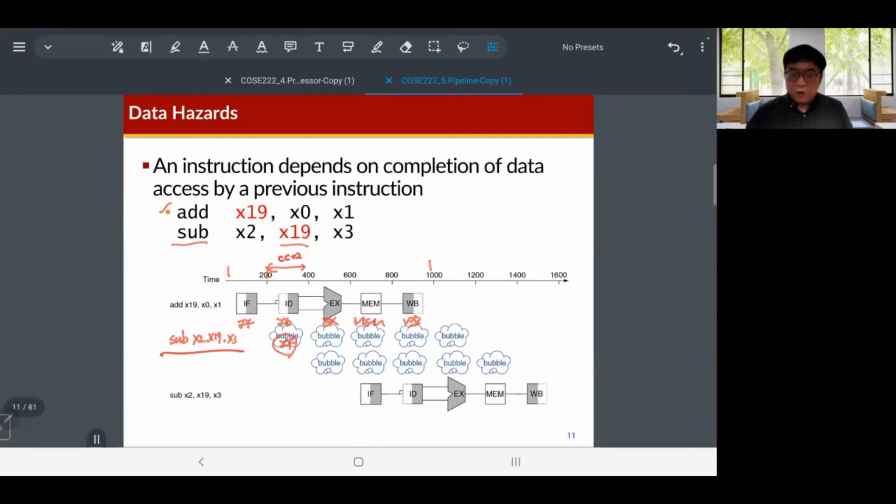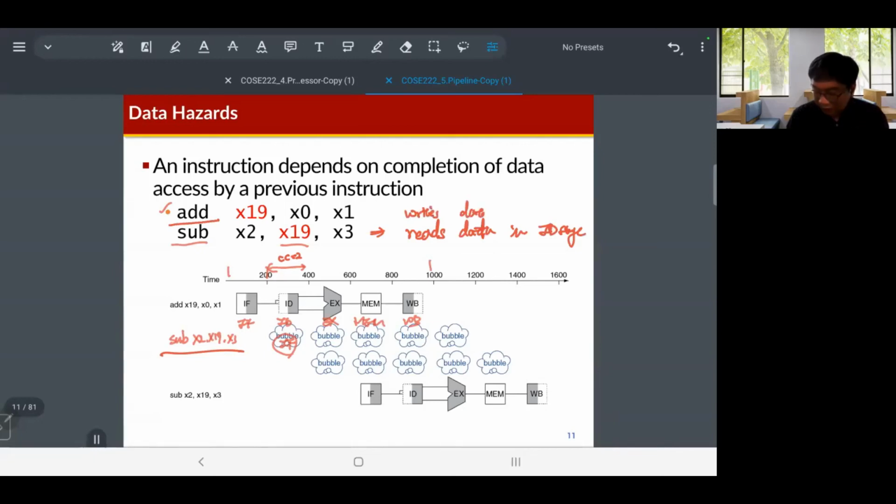When does this sub instruction read data? Sub instruction reads data in the ID stage, and the add instruction writes data in the write back stage. What's the problem?